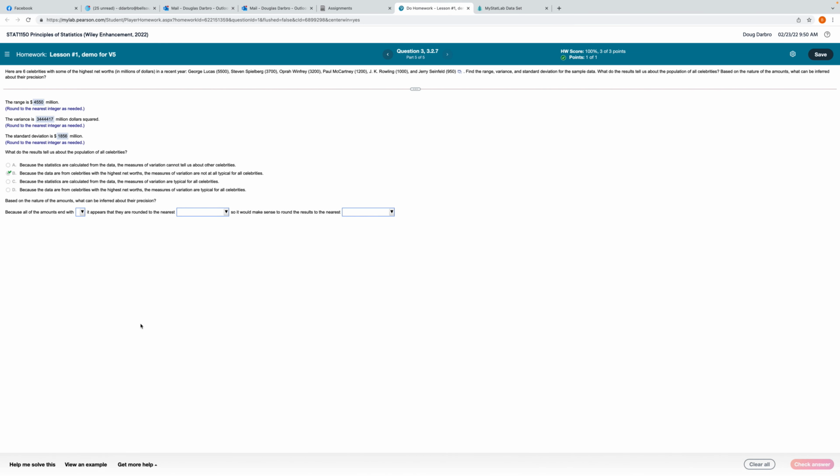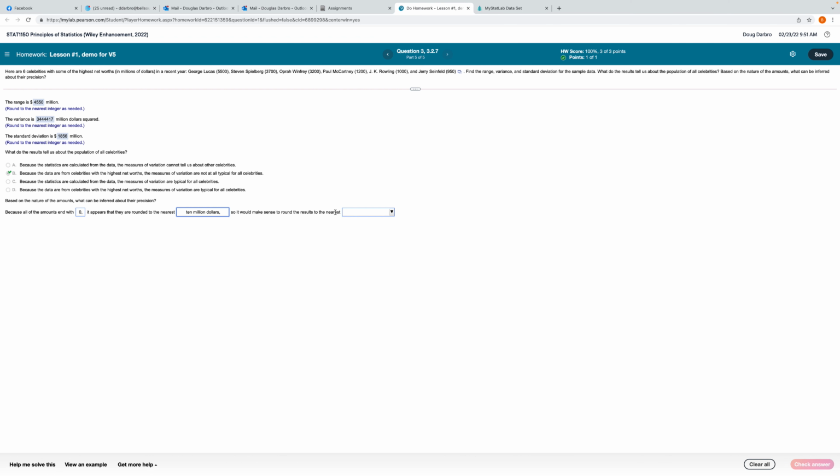Okay, this is interesting. Based on the nature of the amounts, what can be inferred about the precision? Because all the amounts end in, so this amount ends in 100, 100, 100, 100, and this one just ends in a 0. So all end in a 0. It appears they are rounded to the nearest, so what, 10 million, I guess? Yeah.